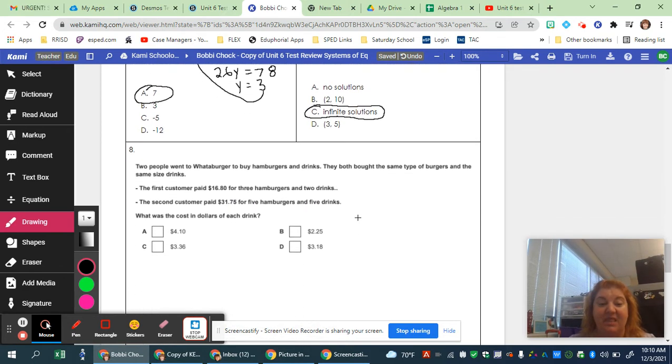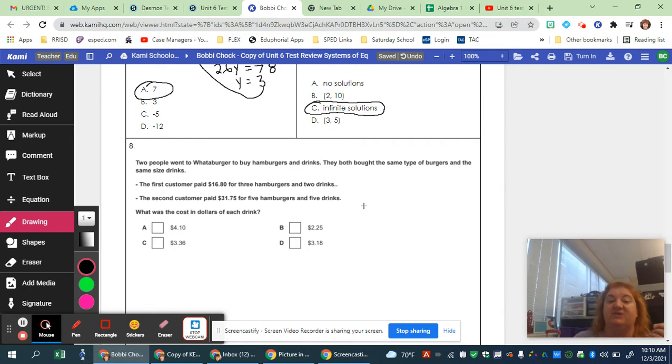Okay? Here we go. 2 people went to Whataburger to buy hamburgers and drinks. They both bought the same type of burger and the same size drink. The first customer paid $16.80 for 3 burgers and 2 drinks. Oh, okay. So 3 burgers and 2 drinks equals $16.80.